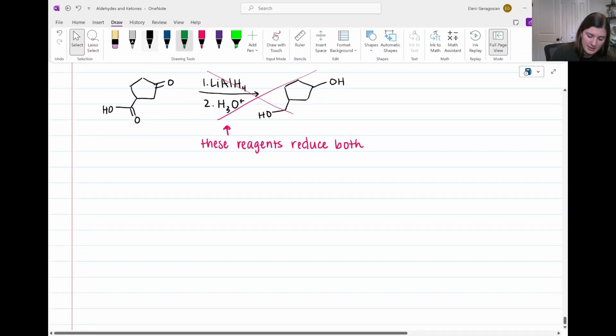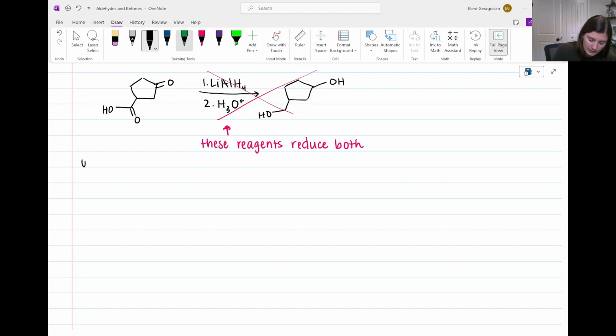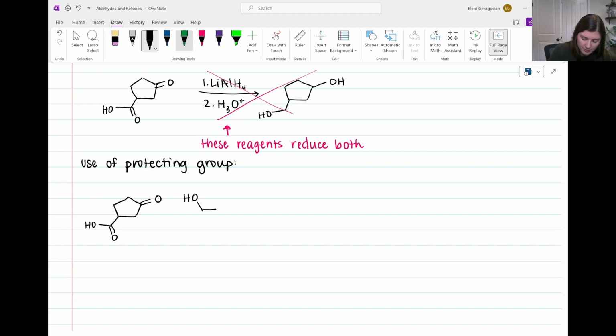So let's look at what this reaction scheme would look like. We start with our original, let's say, use of protecting group. Starting with our original ketone and carboxylic acid molecule, if we add a protecting group, again, diols are often used in this case with some acid, or we could add some base.